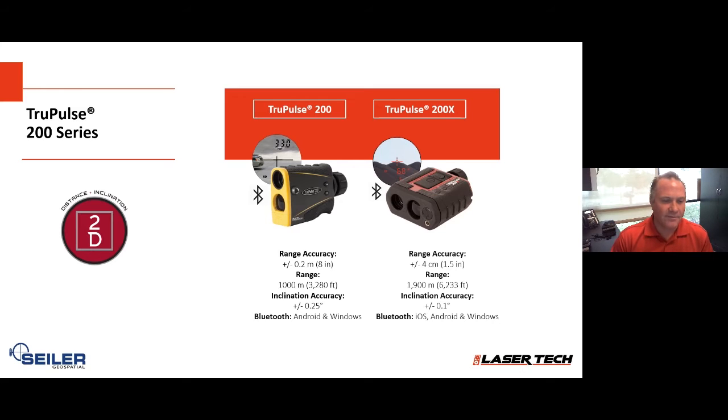We have different models that fit maybe your application or your needs. We've got a TruePulse 200 series. We've got two different models, the TruePulse 200 and the 200X. We've got different range accuracies that might fit your application or your tolerances. The 200 gets down to 8 inches, then the 200X is 1.5 inches.